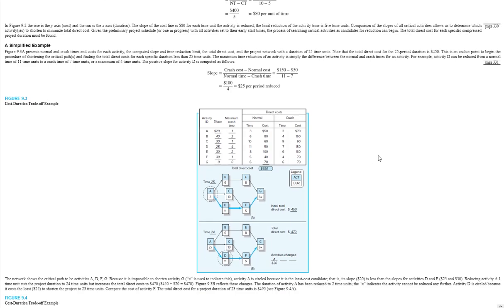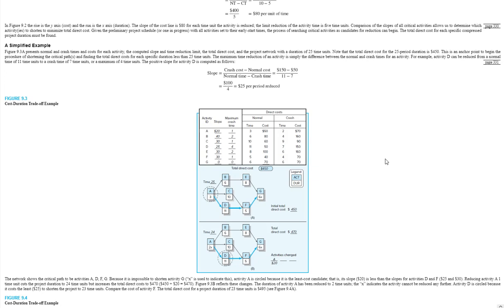Okay, figure 9.3 provides an example of where to start, starting on activity A. Notice activity A goes from 3 to 2, and you see an X by there. Why is that? Because you see in the table the maximum crash time is 1.